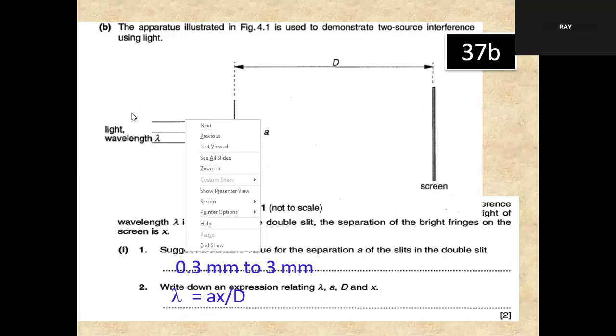Or lambda over a equals x over D, also can. As long as it's the equation anyway, you write it, okay.